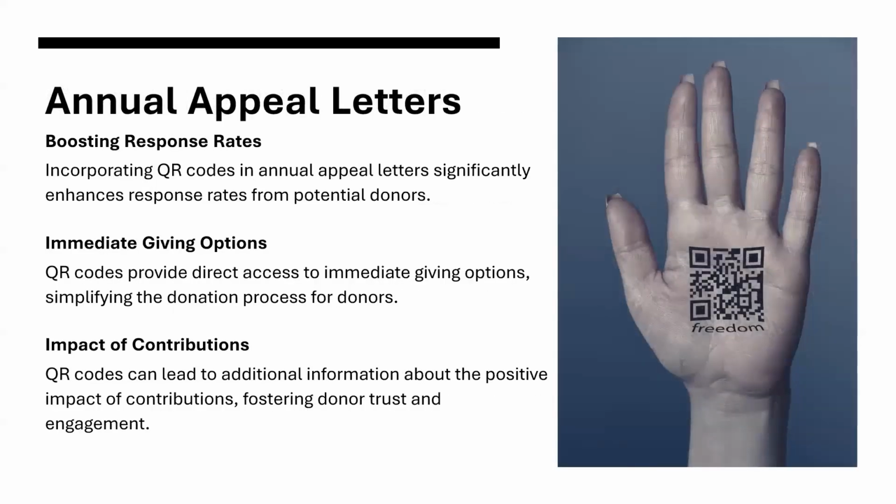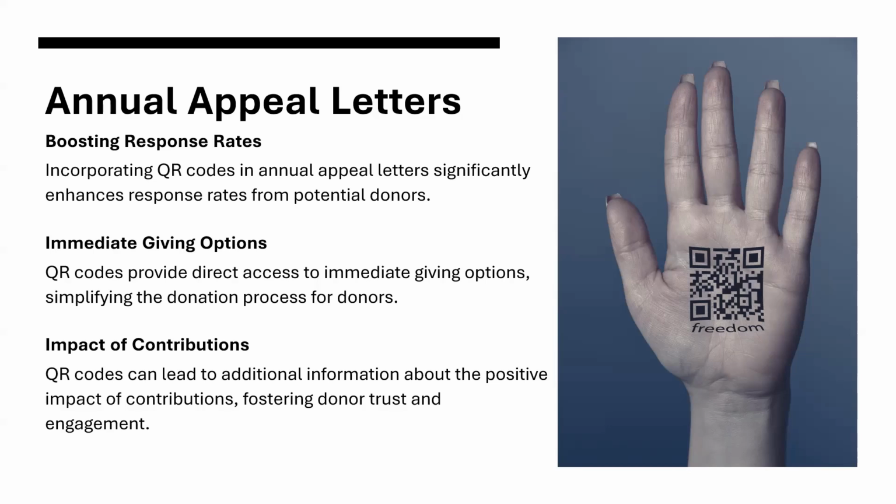Your annual appeal letter. Now, this is one of your most important pieces of mail through the year. Or are you sending it as an email? All of these are different options, but your annual appeal is time sensitive. And so having a QR code will help boost the response rates so that you are meeting your deadlines.